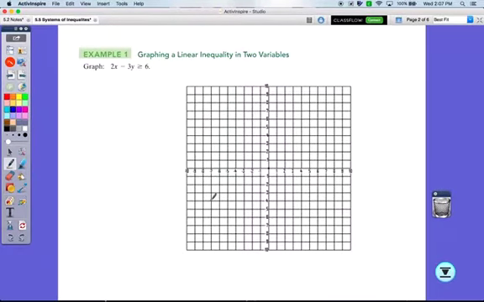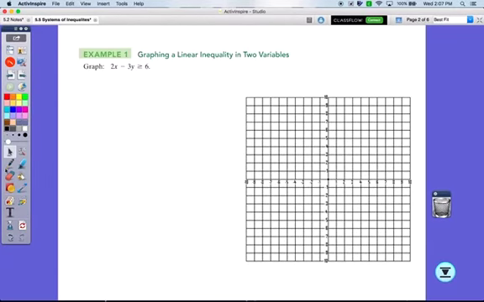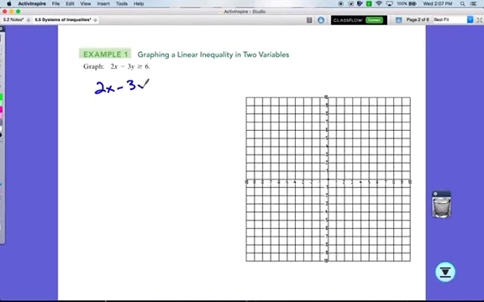All right, so let's look at this one right here. Step 1 is we're going to replace the inequality with an equal sign. Well, actually, we're going to go ahead and solve this out first, and then we'll replace it. I want to get the y by itself. So I take 2x minus 3y, which is greater than or equal to 6, and subtract the 2x over.